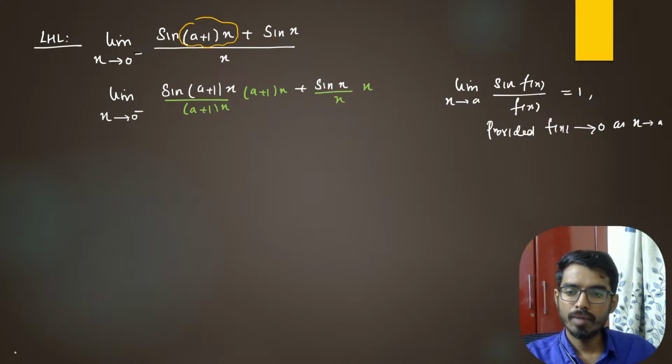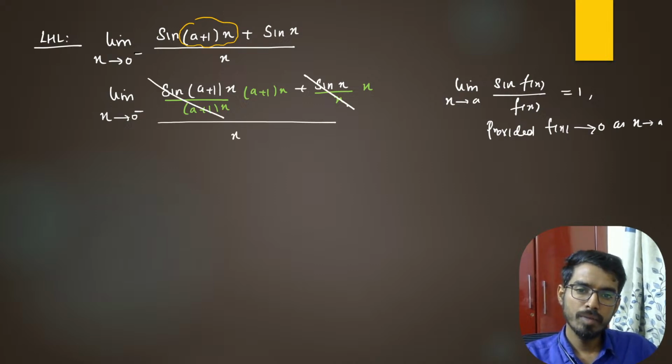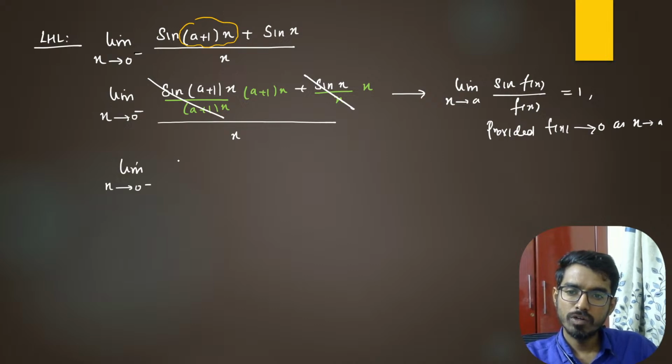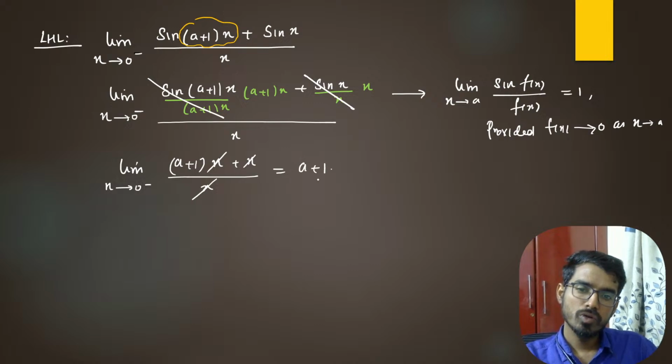Let us multiply and divide by x, whole divided by x. This will be 1, this will be 1, right? Because you have to do this with the help of the standard formula. So you have limit x tending to 0 minus, (a plus 1) into x plus x by x. So x will get cancelled if you take it common. So a plus 1 is your left hand limit.